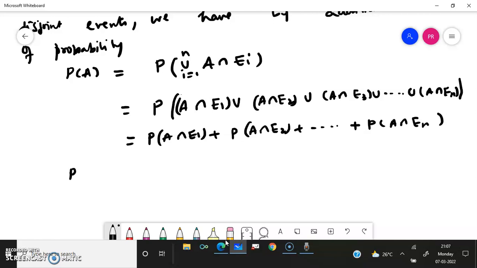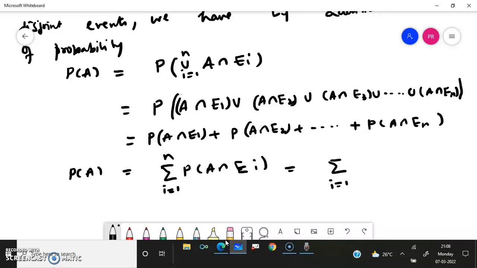That is, P of A can be written as summation i equal to 1 to n of P of A intersection Ei.